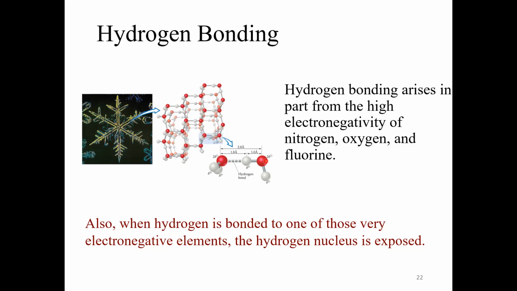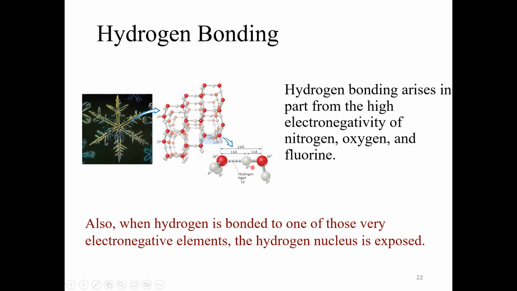But then what's also occurring is, if we think about what happens to hydrogen, it's only got that one electron to begin with. It's going to get a shared electron from that other atom to form the bond. Now we've got the two electrons, and they're going to be shared between those two atoms.